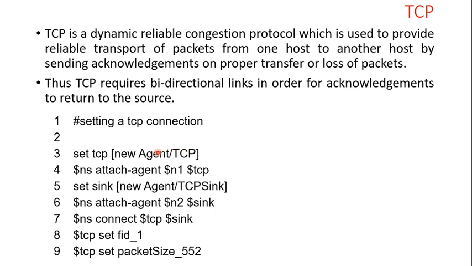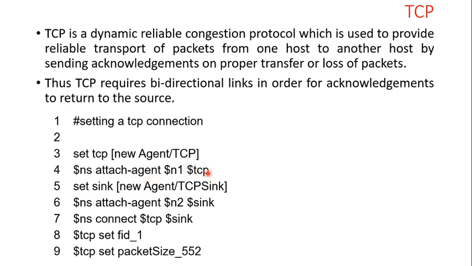Once you make this tcp a pointer to the TCP agent, then throughout your program, whenever you want to access the TCP agent, you can simply use this variable pointer. So what does the next instruction do? It is attach-agent, again a command or keyword. What happens is that you are attaching the TCP agent.